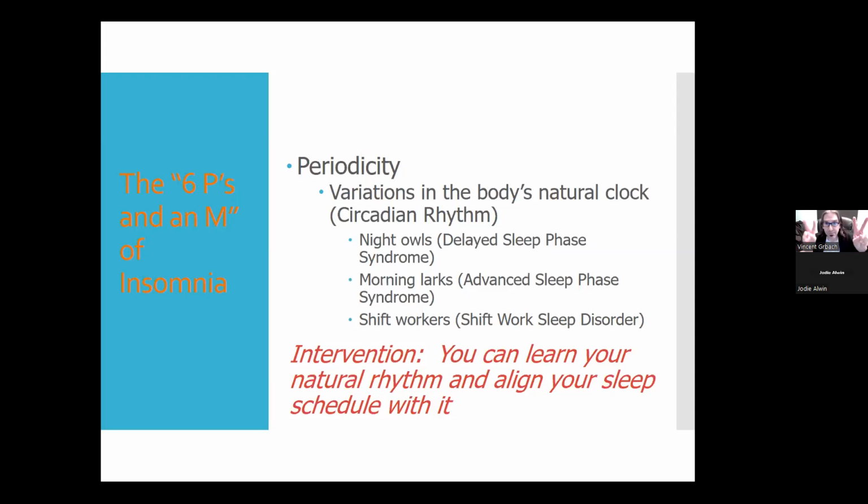And so they have insomnia because they can't fall asleep at 11 o'clock in order to get up at 6 o'clock in the morning to make it to work. Delayed sleep phase syndrome masquerading as chronic insomnia is very, very common. So it's really important to look at patients' self-proclaimed sleep schedule. This is not a hard one to figure out, but it's often a hard one to treat.